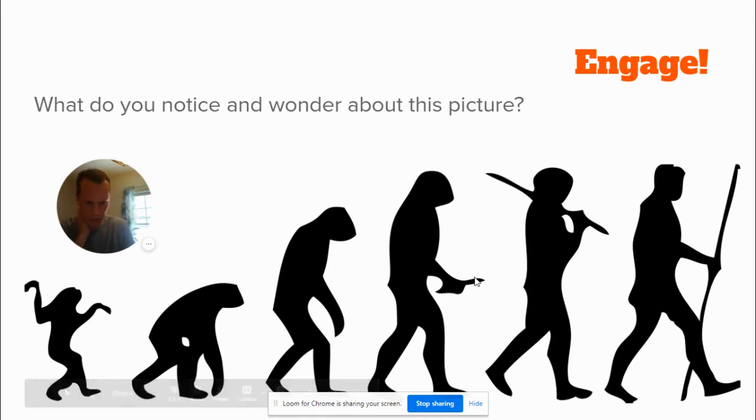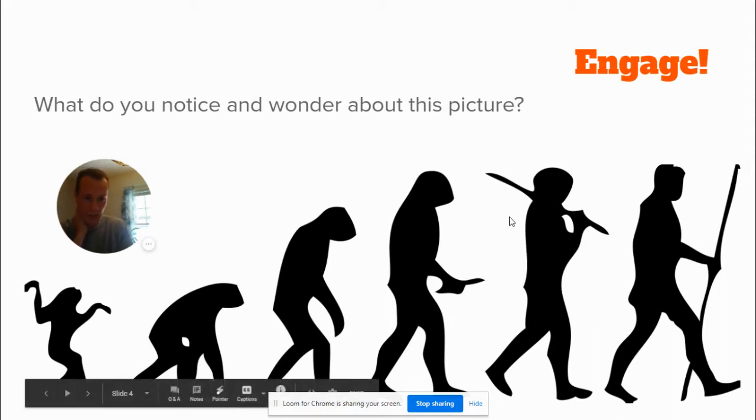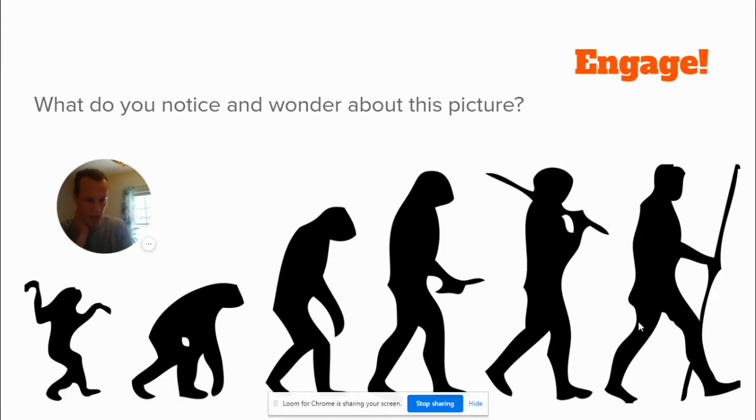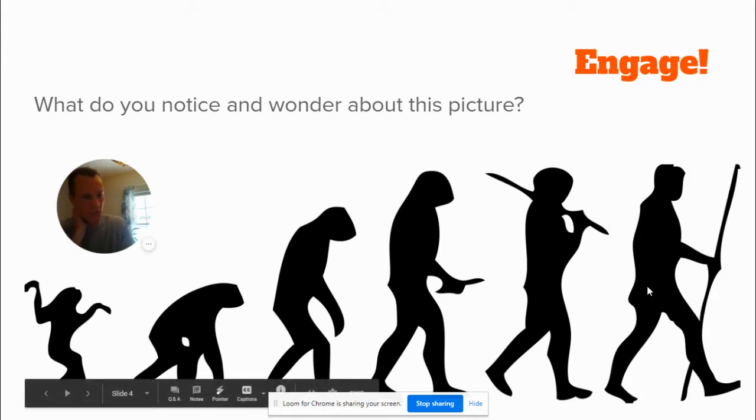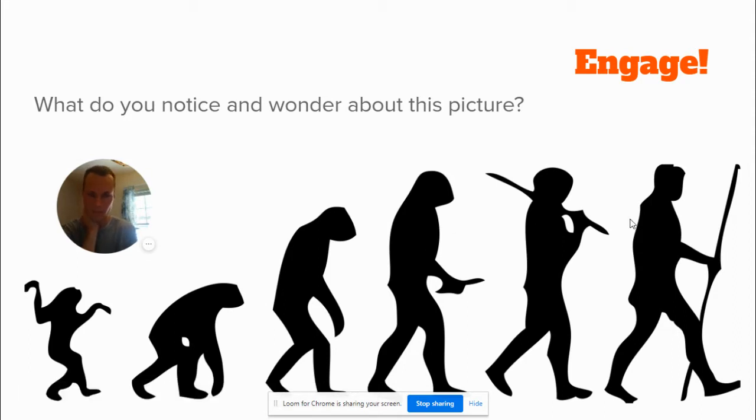This one looks like someone's got like a stick or knife. Again, a little bit taller, more human-like. I noticed that it's got some sort of tool, and this one looks really similar to a human you might see today. So I noticed that it's almost like a progression, like 1, 2, 3, 4, 5, and 6.